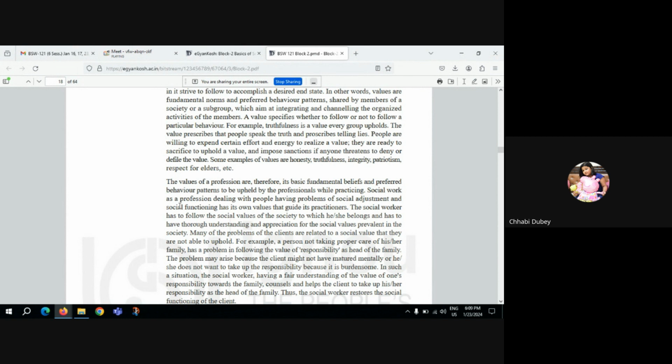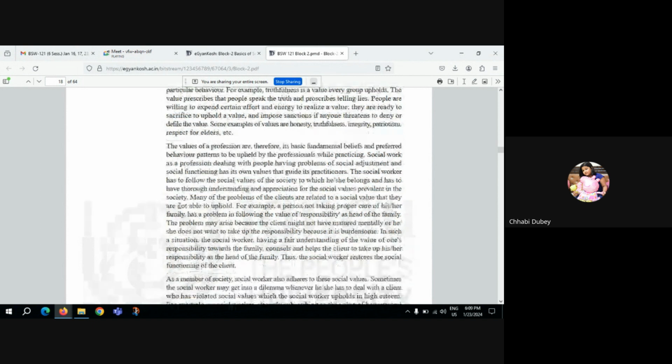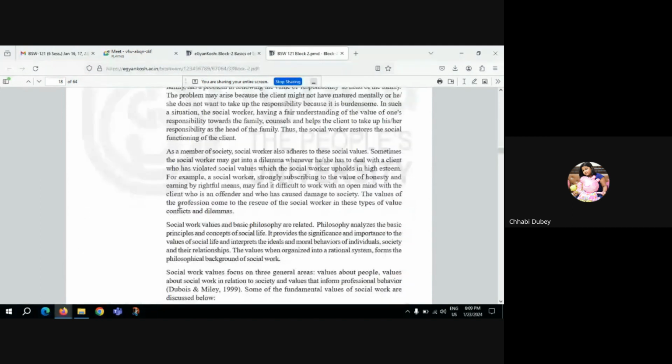In such a situation, the social worker, having a fair understanding of the value of one's responsibility, may counsel and help the client to take up the responsibility as a head of the family. This is how the social worker restores the social functioning of the client.